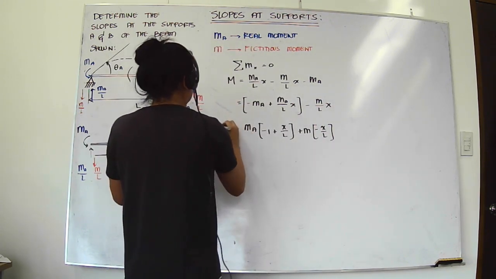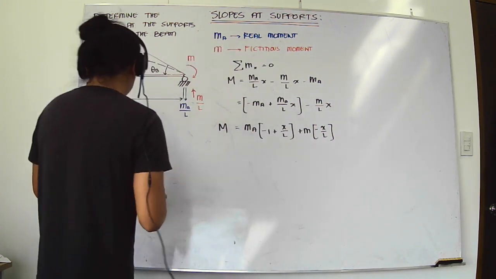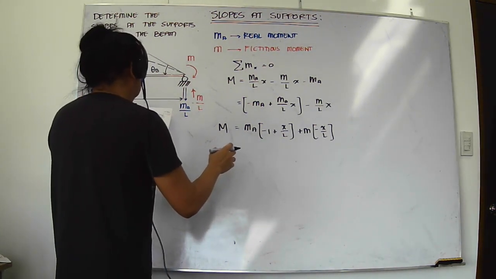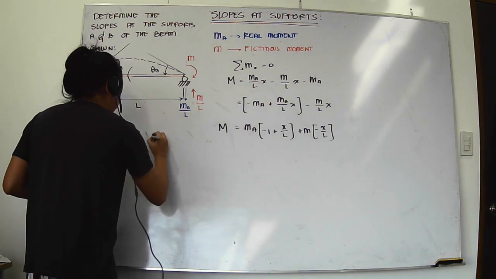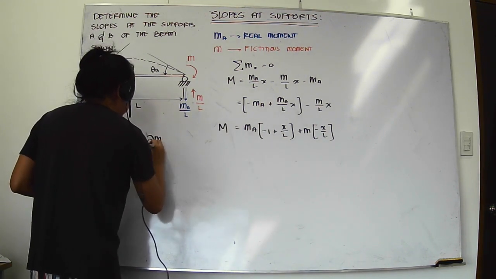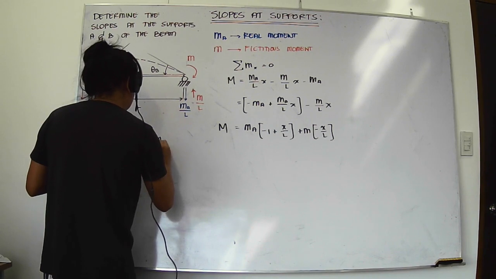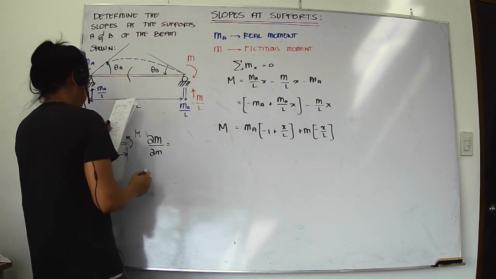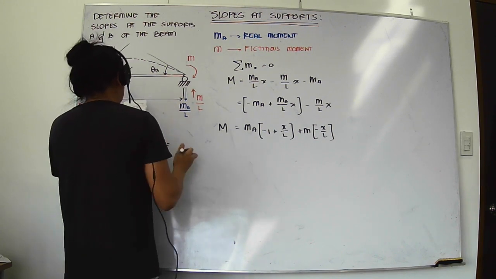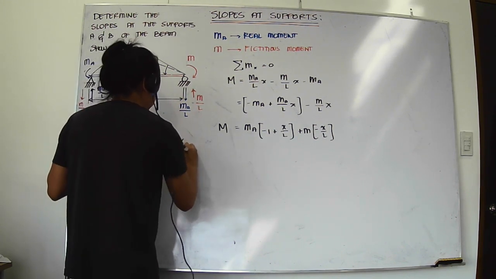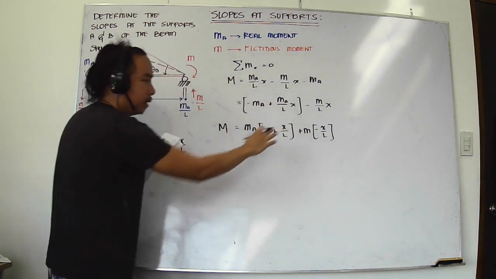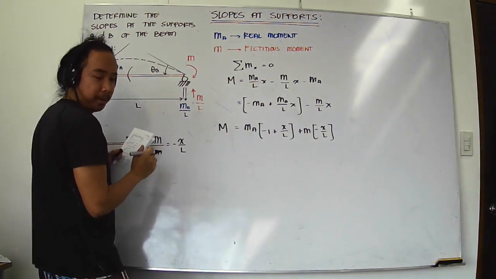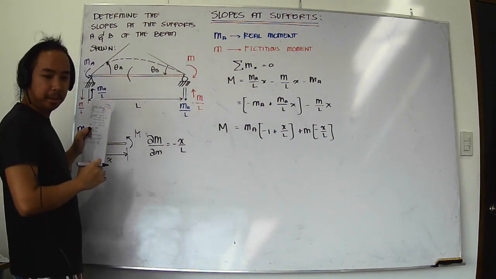So this is our M, in which I want to get the partial derivative. That is equal to negative X over L. Okay, this is annihilated, and this one remains. So that is its partial derivative.